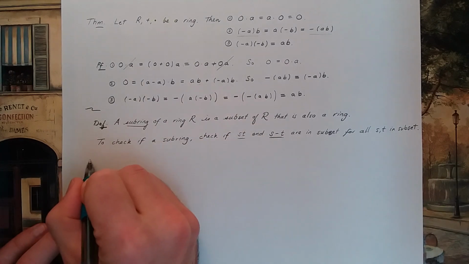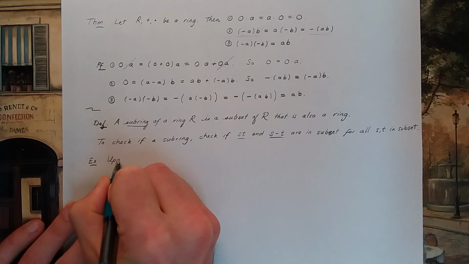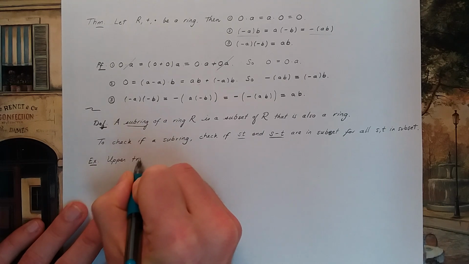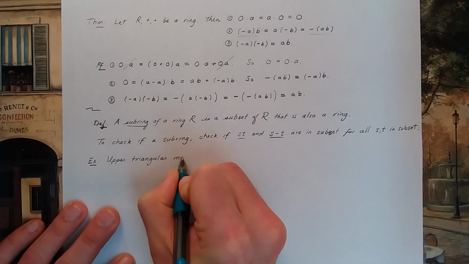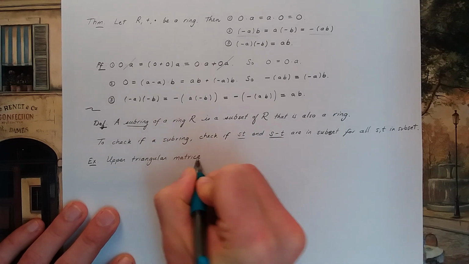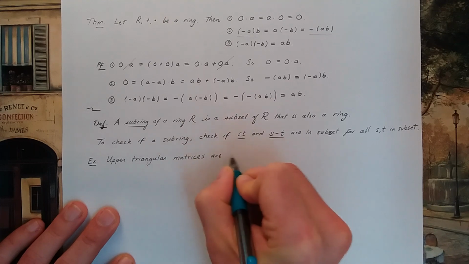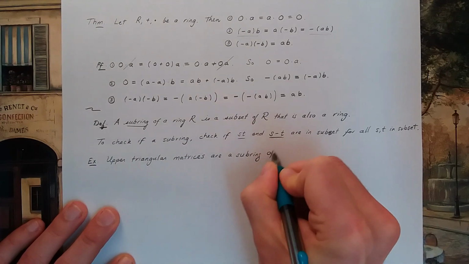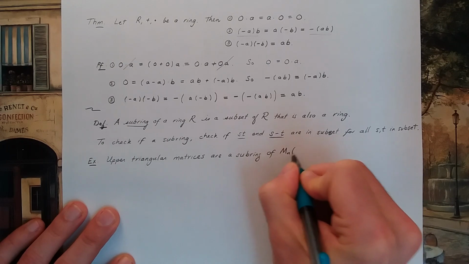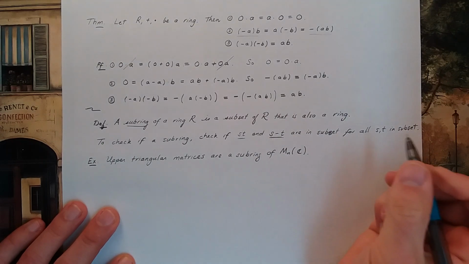So for example, upper triangular matrices are a subring of all n by n matrices with coefficients in C, for example.